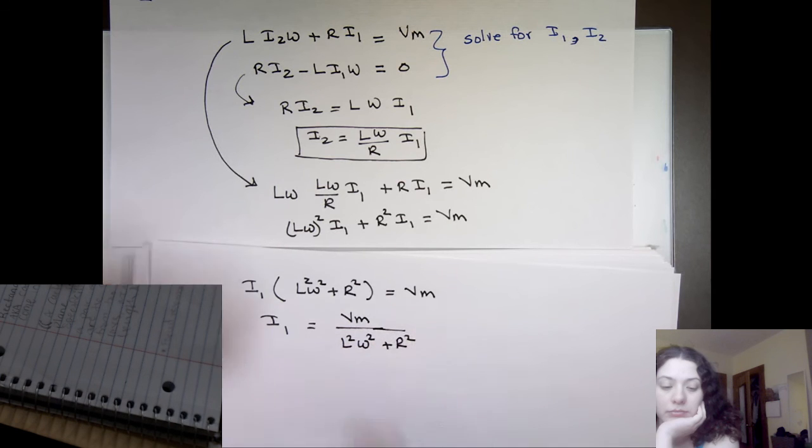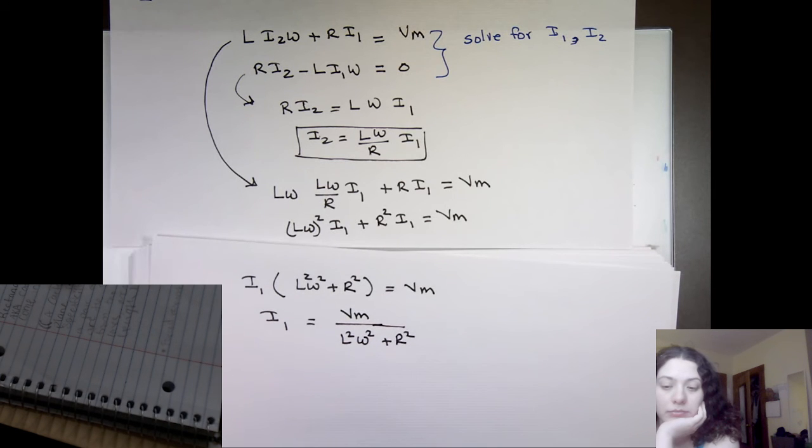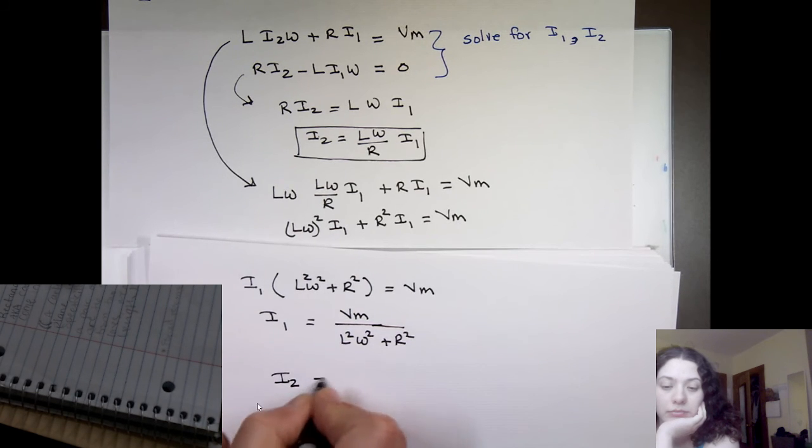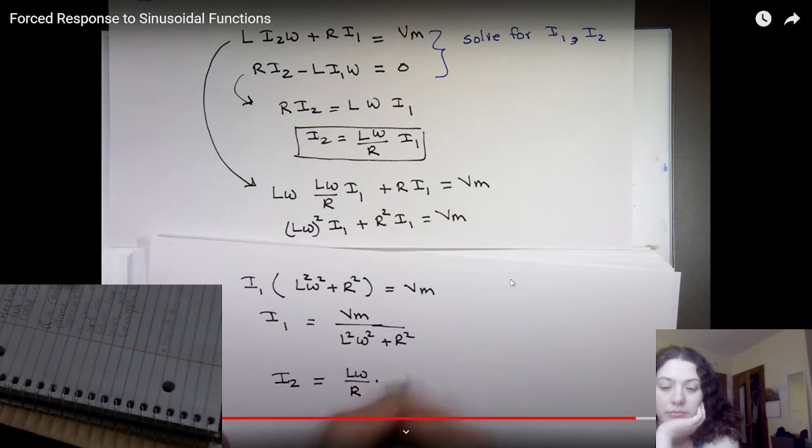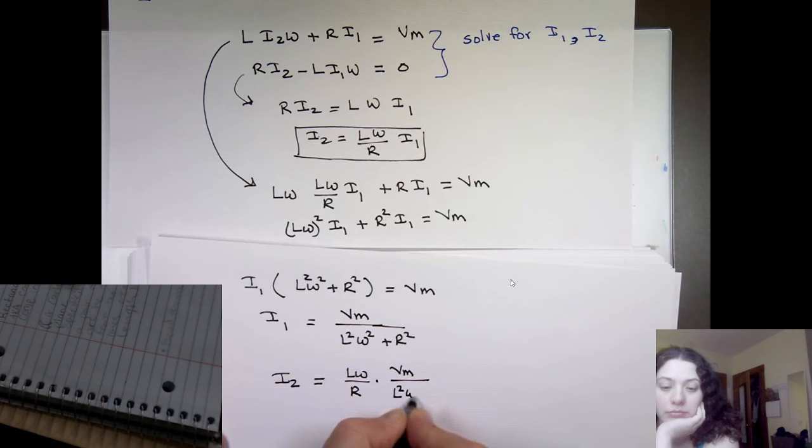If I know what I sub 1 is, can I find I sub 2? Absolutely. What is I sub 2? LW over R times I sub 1, which is Vm over L squared W squared plus R squared.